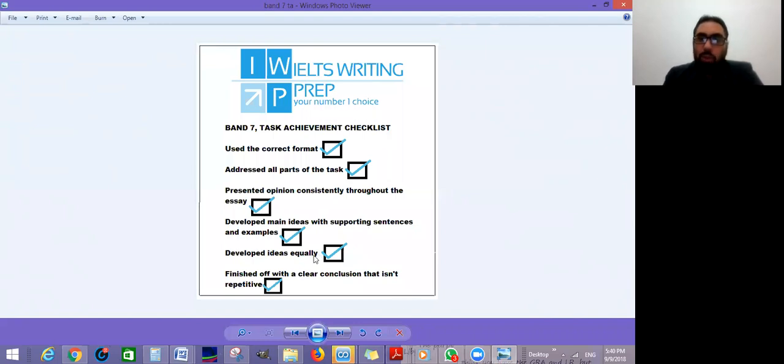If we have two supporting ideas to support one idea, we want to do the same for the second idea. If we have two supporting ideas and two examples, we want to do the same. If we have a concluding sentence for one of them, we want to have a concluding sentence for the other.